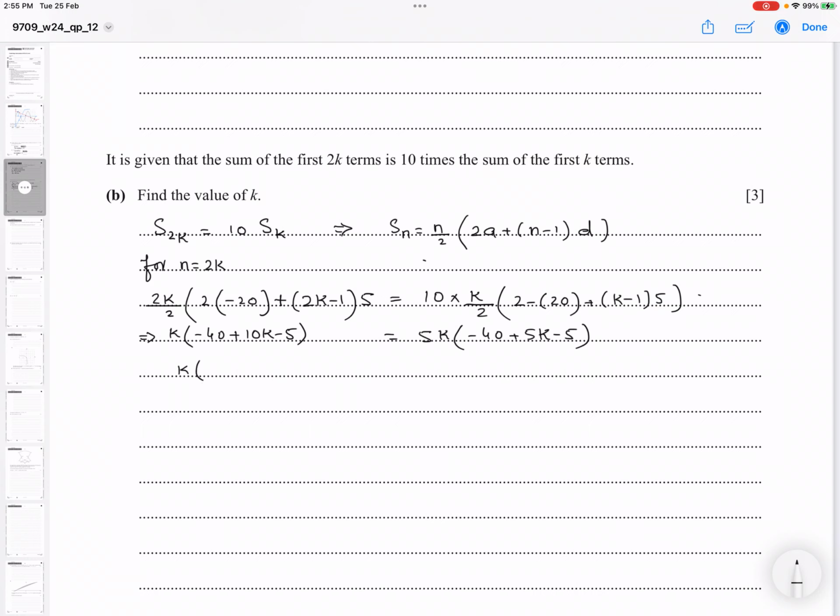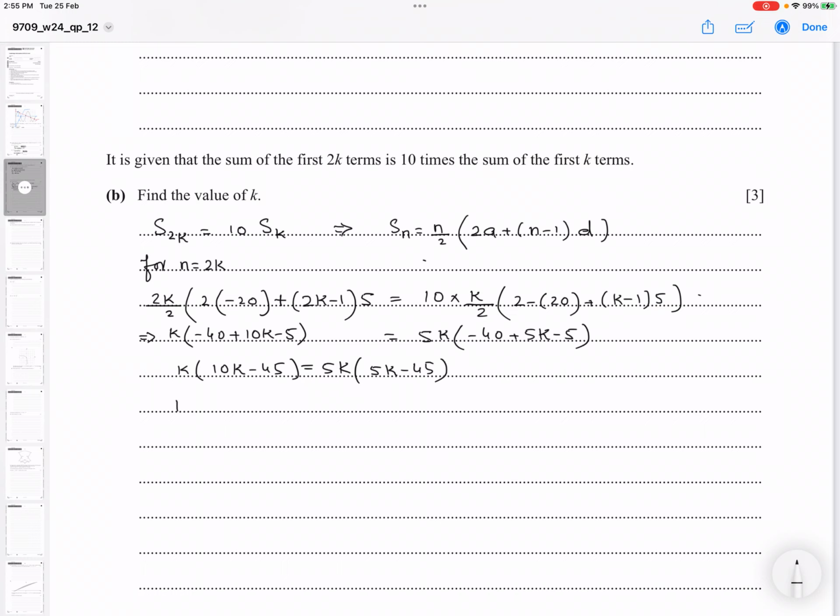So k times 10k minus 45 equals 5k times 5k minus 45.